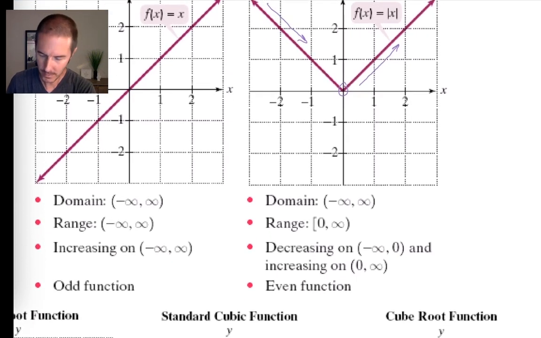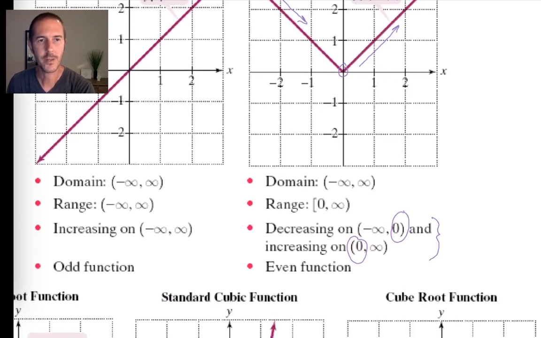Notice that in these comments right here about increasing and decreasing, the 0 has a parenthesis or an open bracket here and here. So based on this description, it looks like our function is neither increasing nor decreasing at that vertex, at the very bottom of this V-shaped graph. And that's not an accident, that's correct.